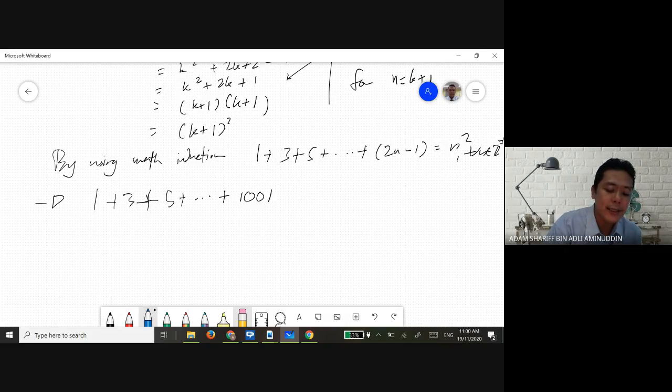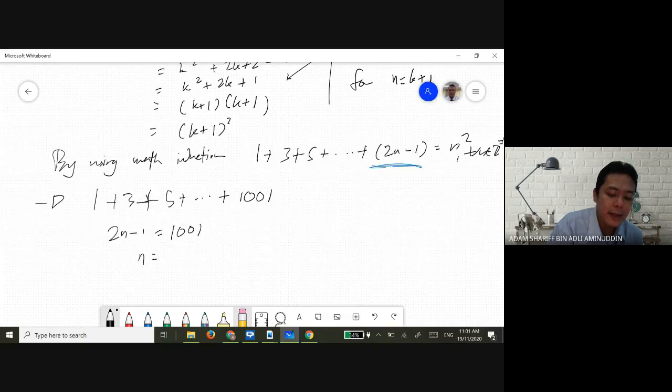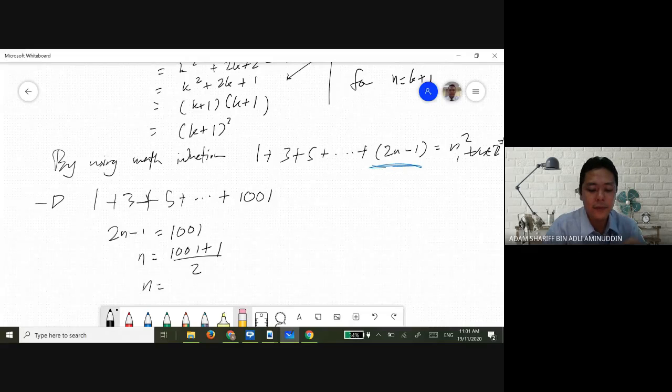So for this case, you must look at this one first, 2n minus 1. You must let 2n minus 1 equals to 1001. N becomes 1001 plus 1 over 2, then n equals to 501. So actually the 1001 is the 501th term.